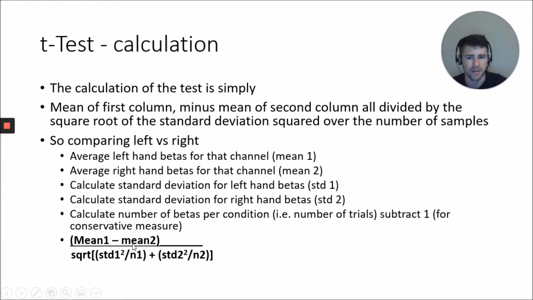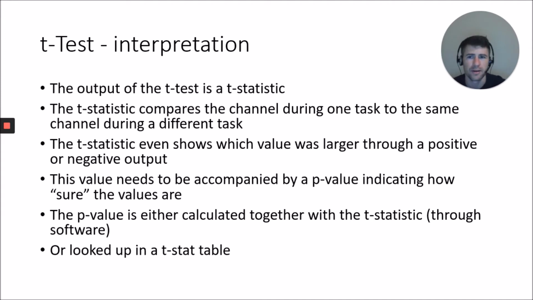You have mean 1 minus mean 2 over the square root of standard deviation 1 squared over the number of samples, plus the standard deviation of the second column squared over the second number. Oftentimes you'll subtract 1 for a conservative measure rather than a straightforward measure. It tends to be more appropriate.